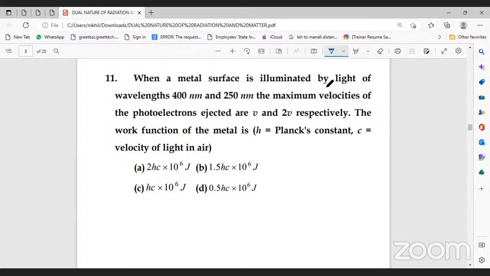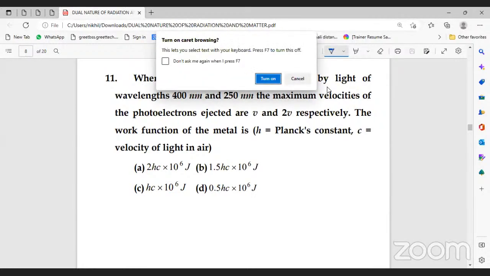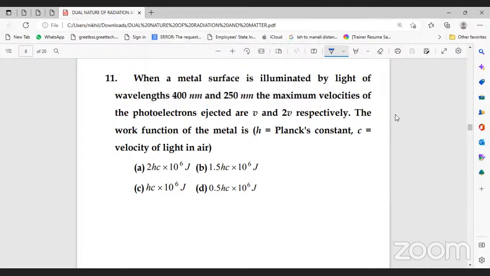Let us continue the MCQs of dual nature of radiation and matter. Look at this problem, that is the 11th one. When a metal surface is illuminated by light of wavelength, first wavelength is given, that is 400 nanometer, that is lambda 1, and the second wavelength is lambda 2.